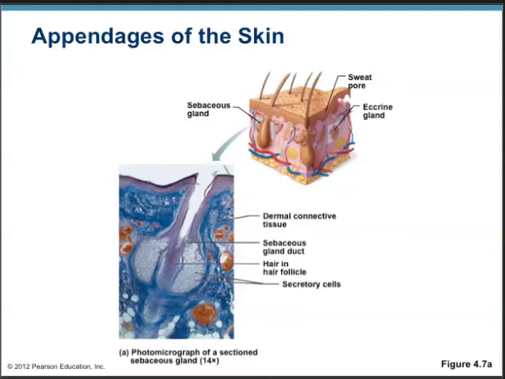Most sebaceous glands have ducts that empty into hair follicles, while others go directly onto the skin surface. These glands become particularly activated at puberty when they can sometimes become infected by a bacteria known as acne vulgaris, causing the very common malady known as acne in the teenage years.